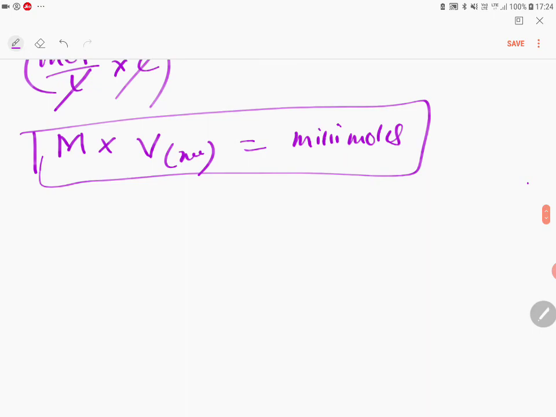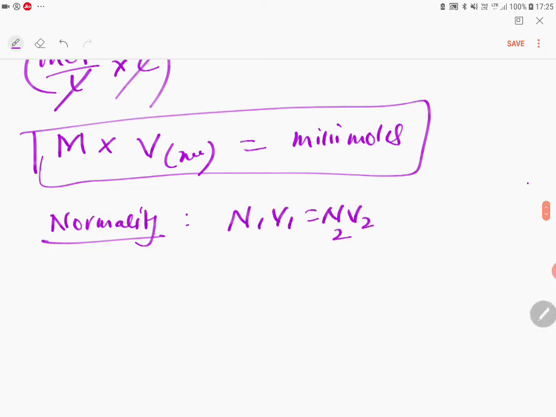Also one more concept I would like to give here. All of you know this concept, but in the acid base reaction, if they ask that the acid and base are mixed and electrolyzed, you have to apply the dilution formula N1V1 equal to N2V2.